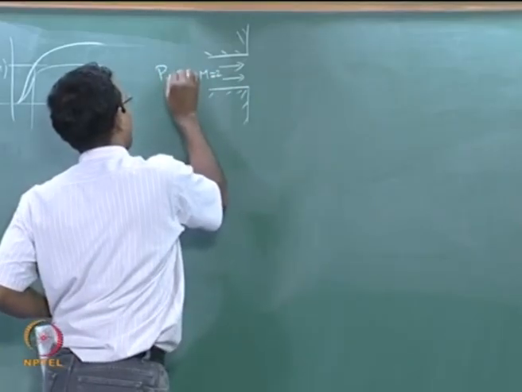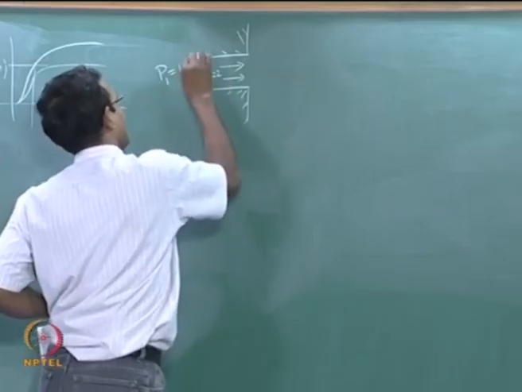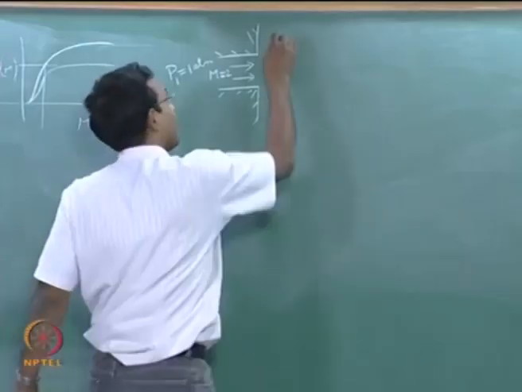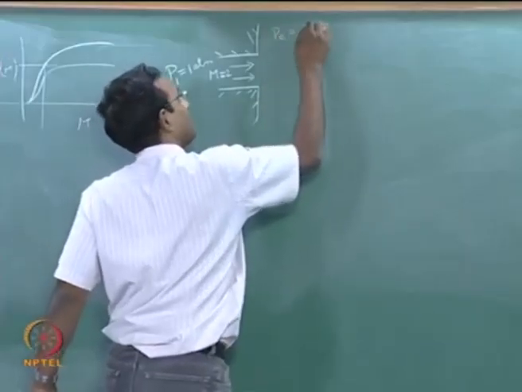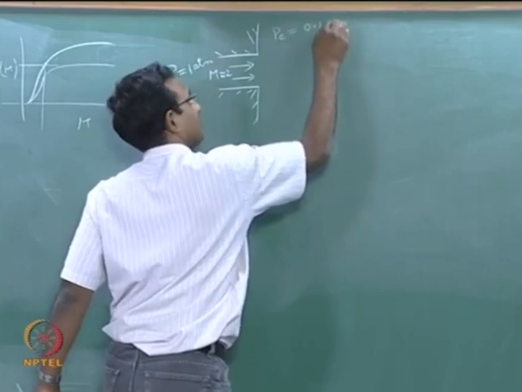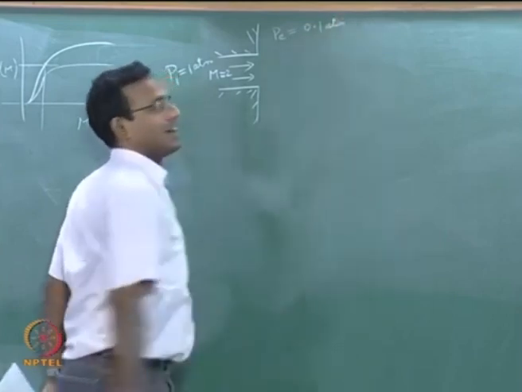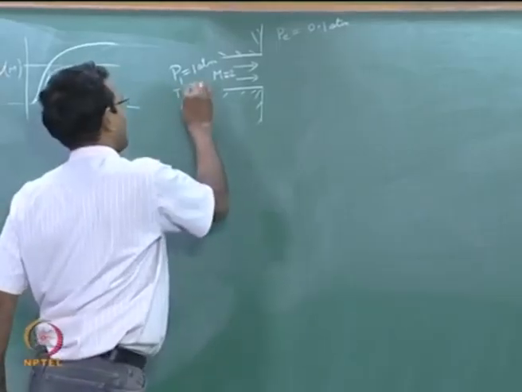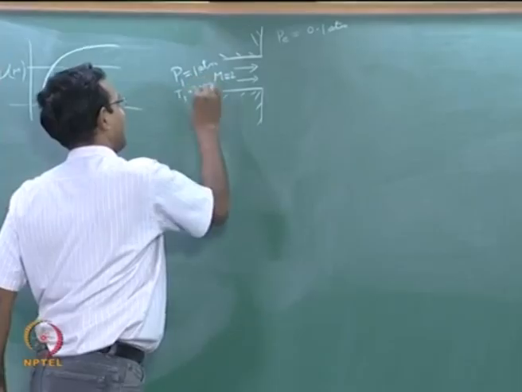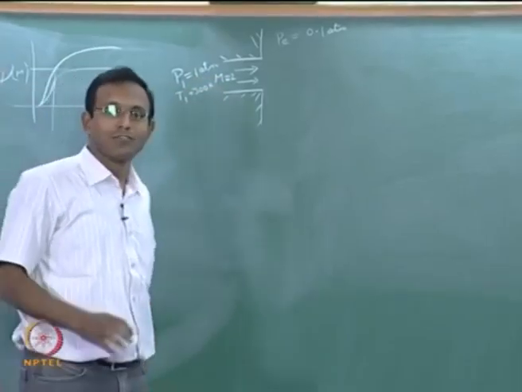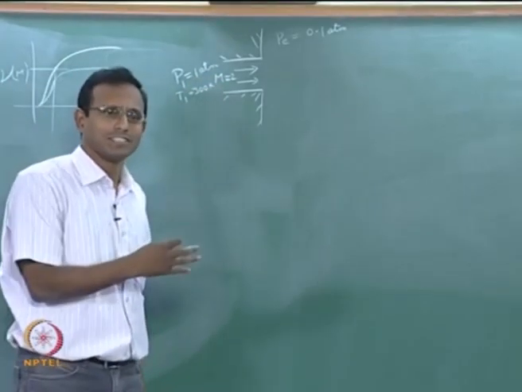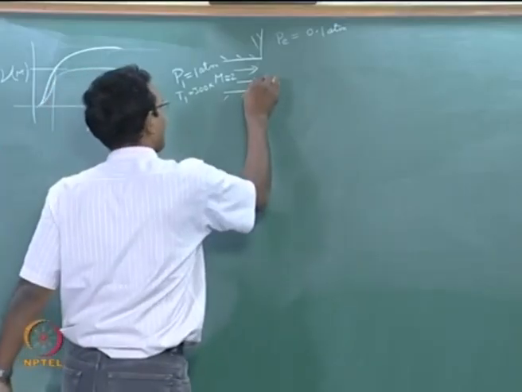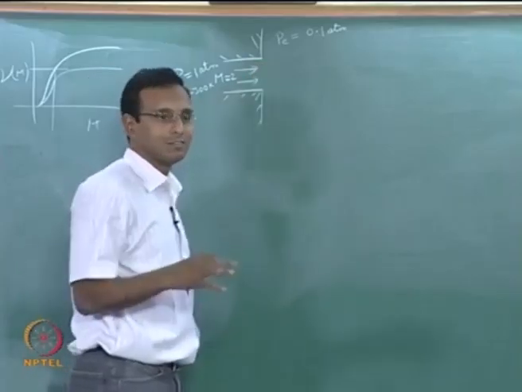Let us say I will give you P1 equal to 1 atmosphere, if such a situation is coming out, and let us say P exit is equal to, let us say 0.1 atmosphere. If I have such a situation, okay, and let us say I will give you a T1 also 300 Kelvin. If I have something like this, I will just go for how will I calculate this problem. Remaining thing is just going through the tables, not much of use for us. We will just, let us assume that you can do it. I will give you exercise later on the website.